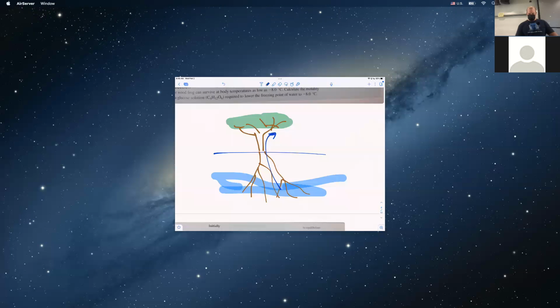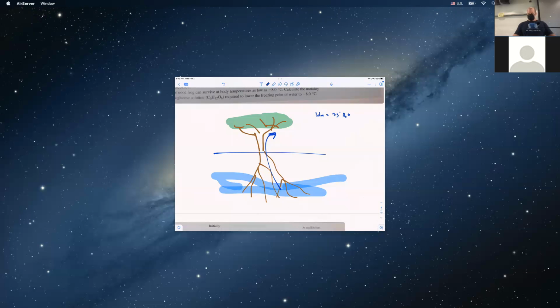An atmosphere of water pressure is equal to 33 feet of water, or 10 meters. That's the same amount of pressure as an atmosphere of pressure.